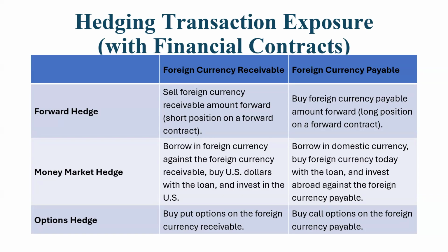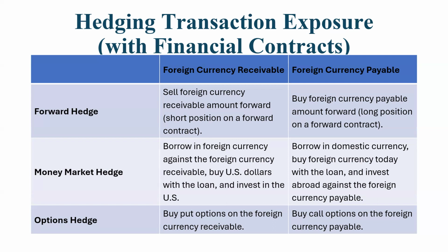If a firm has a foreign currency payable, it can borrow in the domestic currency and use it to buy foreign currency today, and then invest the foreign currency abroad against the foreign currency payable. And by so doing, the company would have used a money market hedge to cover its foreign currency payable exposure.